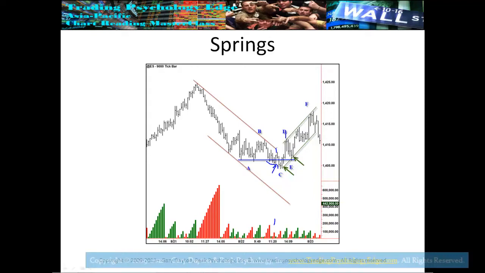Springs are, as we talked about in Australia and in Singapore and KL, a game of probabilities. These trade setups have a percentage win-loss ratio. Springs are probably in the 80% range. If you're trading them intraday and you're close to the market, and you're good at it, you probably can get it into the high 80s.